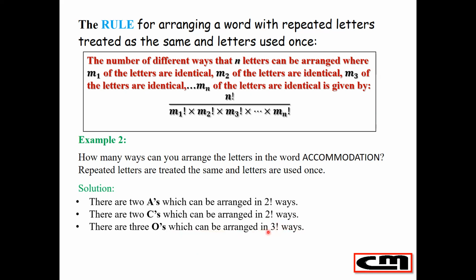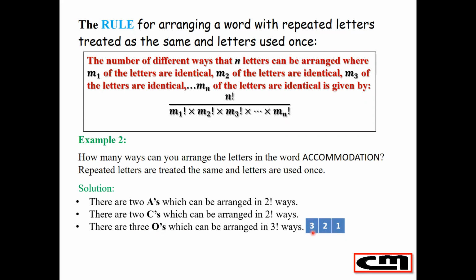I also want at this point to repeat what I have said: when we have the 3 O's that are repeating, we are simply saying they are going to occupy 3 positions because there are 3 O's when we arrange the word accommodation. But to arrange those 3 O's, we consider them as 3 different letters, right? So the 3 positions that the 3 O's are going to occupy are the 3 columns.